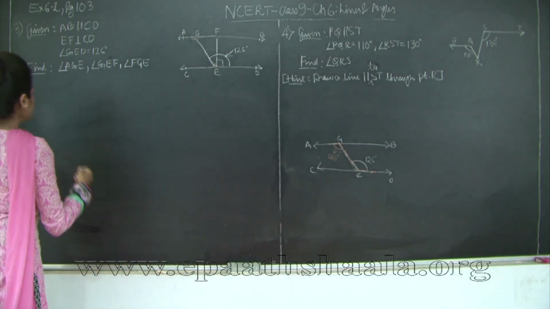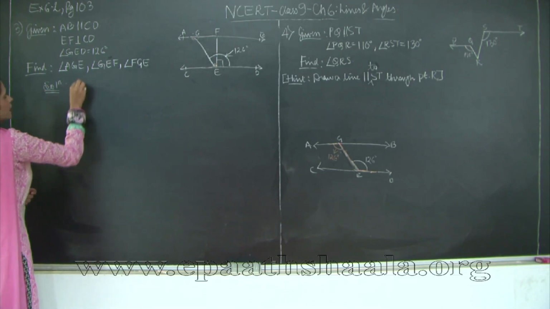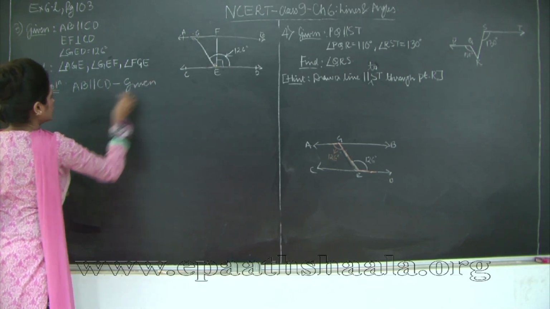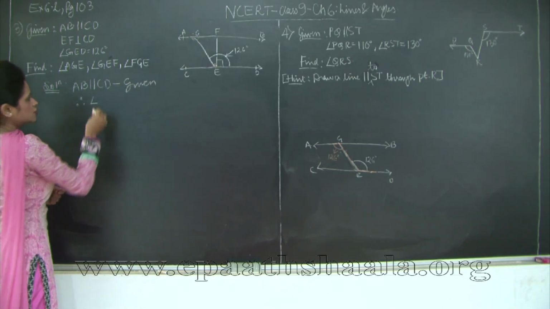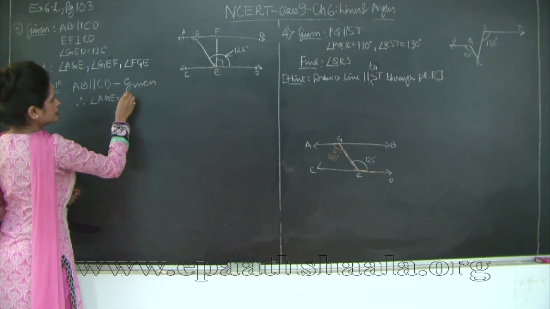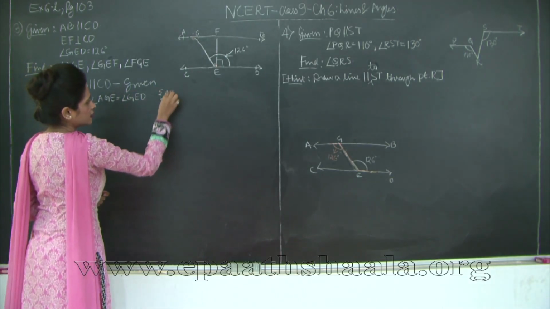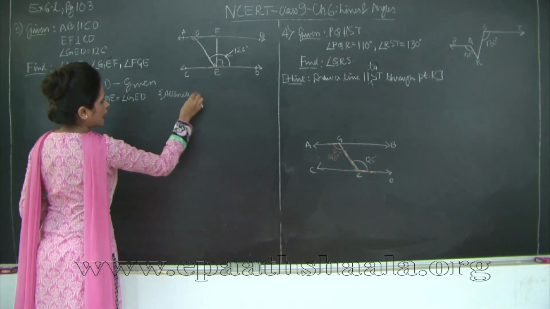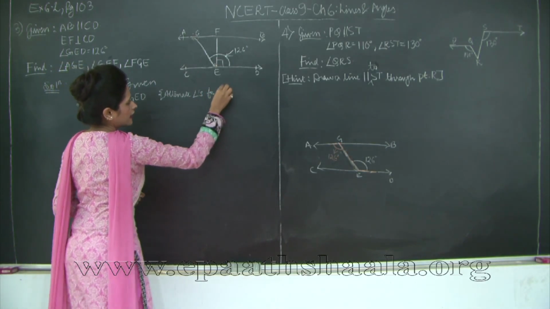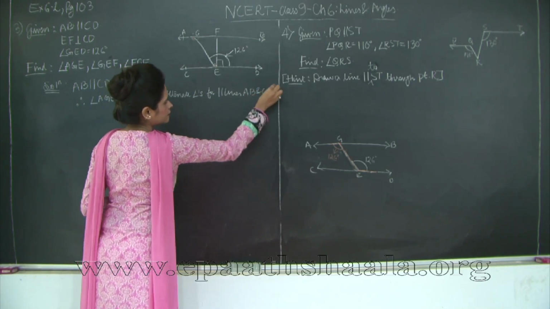So let's write that down. I'll say solution. AB is parallel to CD, given. Therefore angle AGE is equal to angle GED. Why? Because they are alternate angles for parallel lines AB and CD, correct.